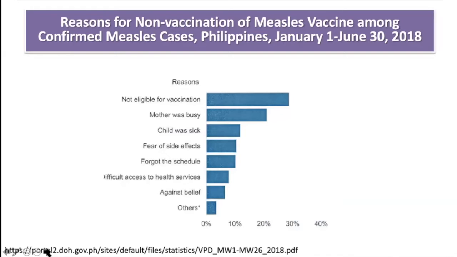The second reason was that the mother, the caregiver, was busy to bring the child to the center for vaccination, or the child was sick and they missed the opportunity to be vaccinated.